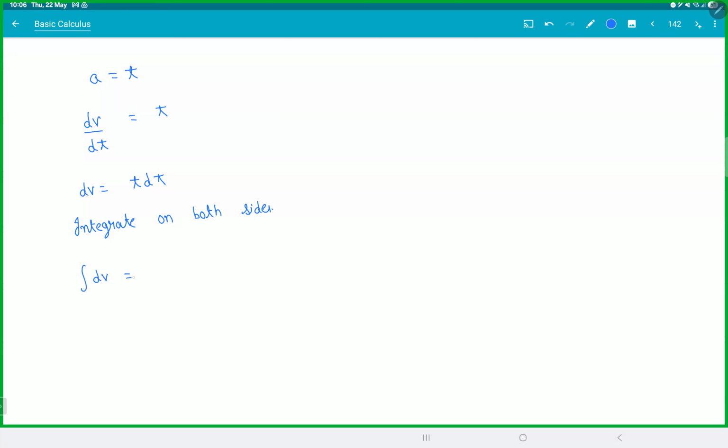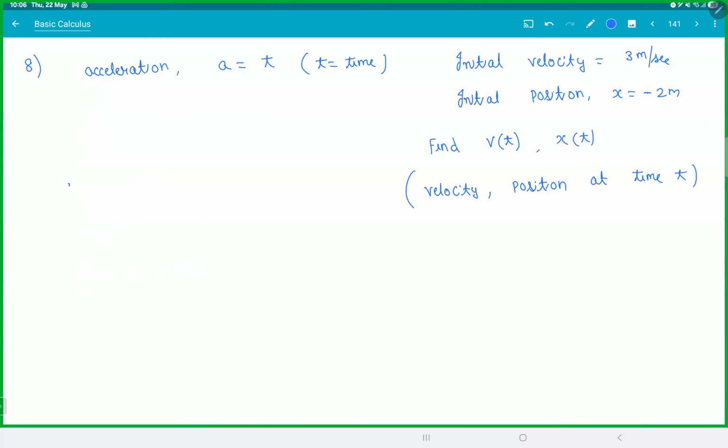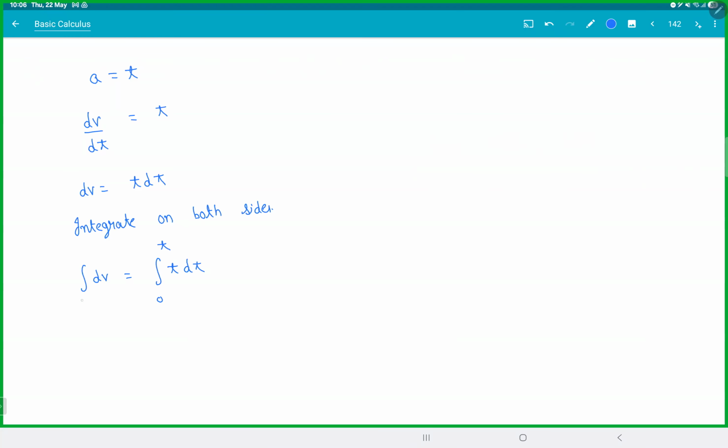This will be integral dv is equal to integral t dt. Limits will go from 0 to t. Now, when this goes from 0 to t, your velocity is not 0. Your velocity is going from 3 to v. Agreed? So u is 3 basically. So be careful. You can't put 0 to t and 0 to v. What is the meaning of it? When time goes from 0 to t, your velocity goes from 3 to something.